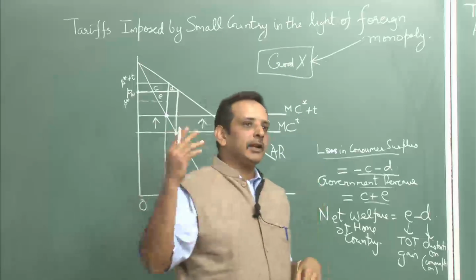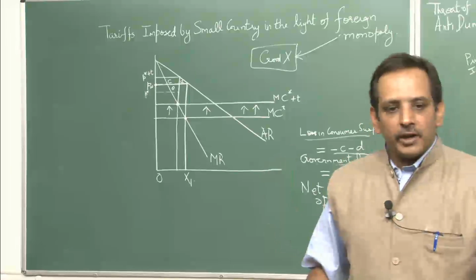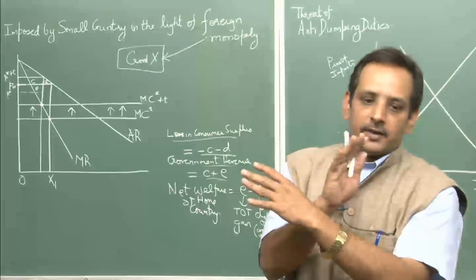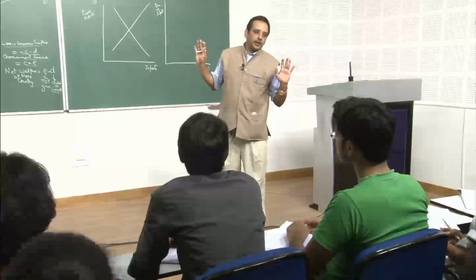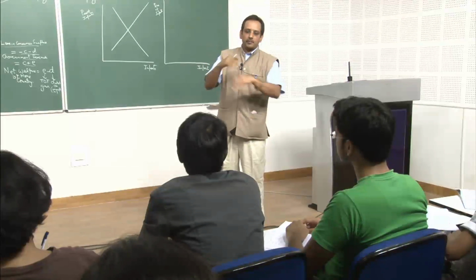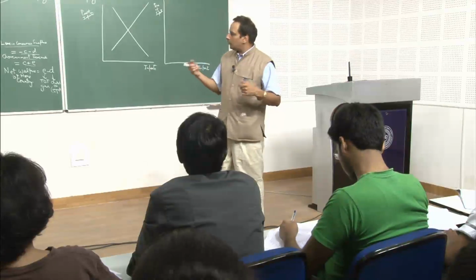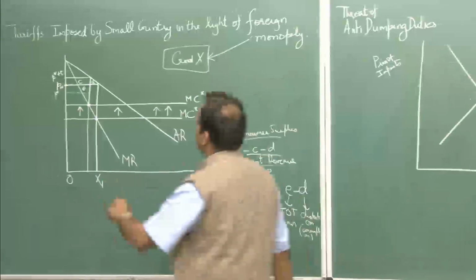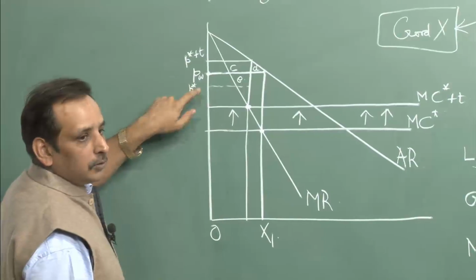What happens internationally, one does not know, because when you bring in imperfections, how prices are determined internationally, one is not interested at all. Maybe it is demand and supply, maybe because of their imperfections. So one does not know. This is the price that he will charge in this market.